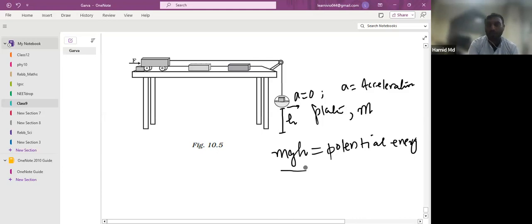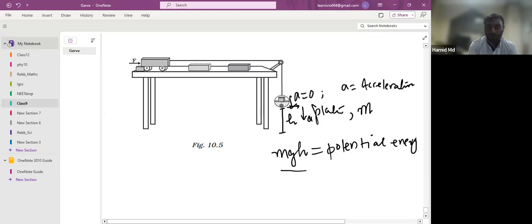And this potential energy will be balanced by this block system, right? This block system will hold this object fixed. Now we give a little force to it. Now acceleration is in this direction.